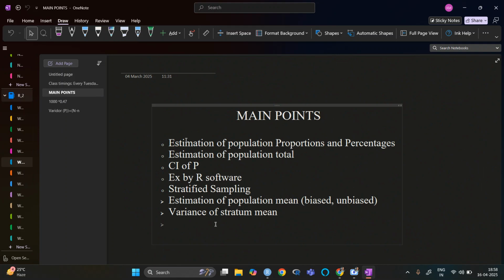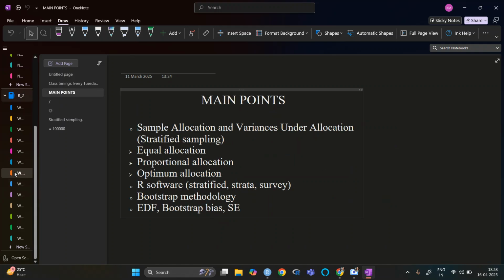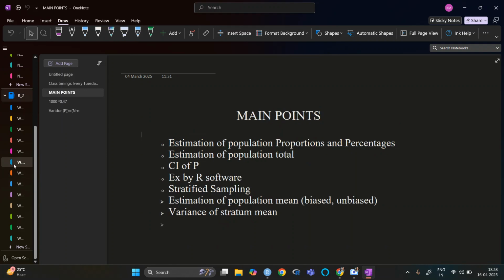Now the next topic is estimation of population proportion and percentage. Whatever we have done so far, we have taken a sample from a population.